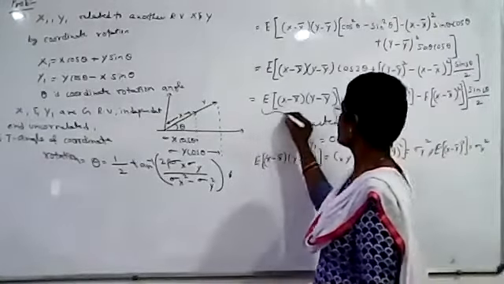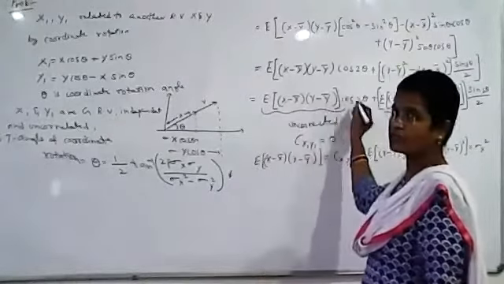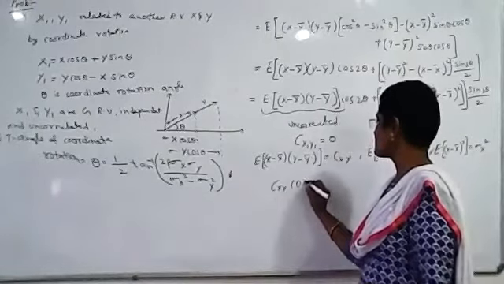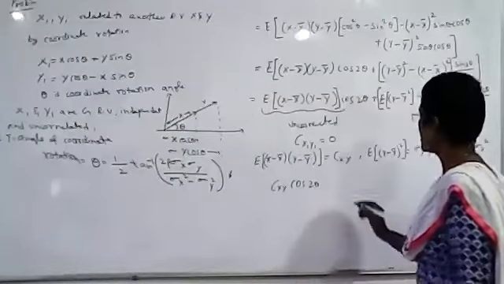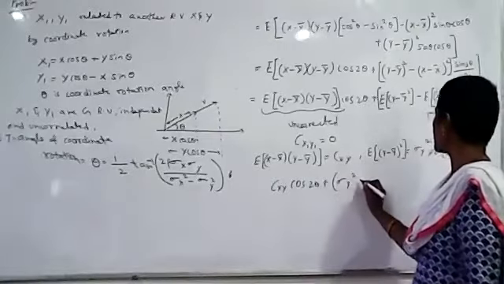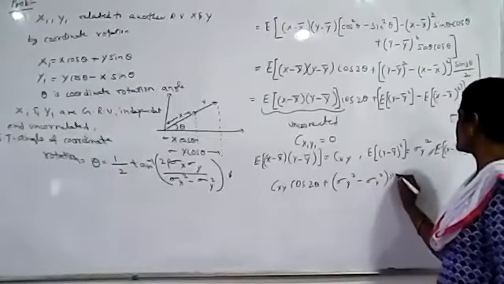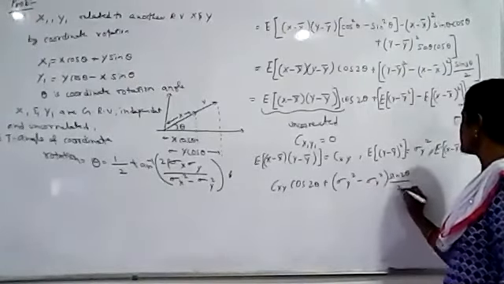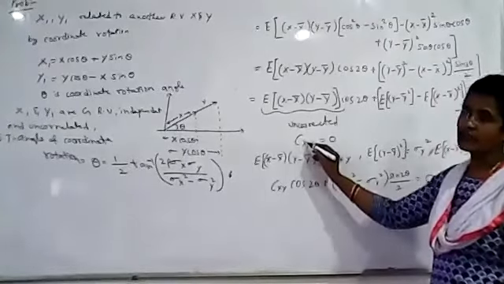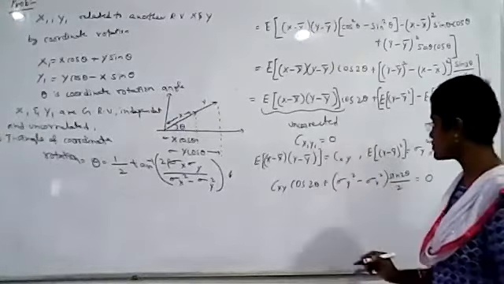So, in this equation, we substitute expected value of x minus x bar, y minus y bar as Cxy cos 2 theta plus variance, sigma y square minus sigma x square into sin 2 theta by 2 equal to 0. Because it is given that x1, y1 are uncorrelated, so Cx1y1 is equal to 0.